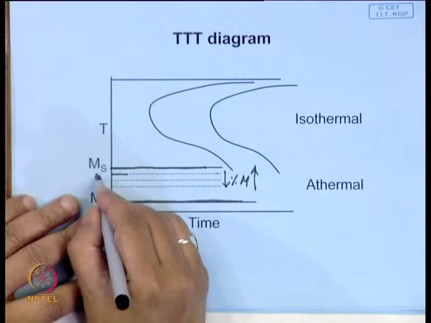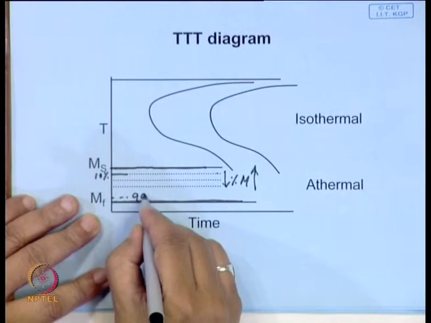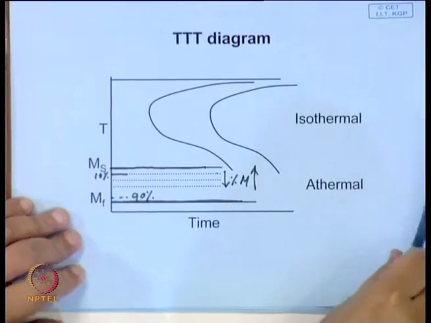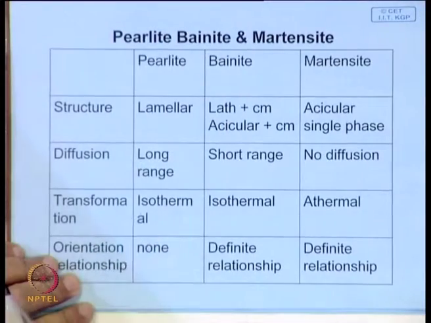So here it may be 10%, as you come here maybe 90%. So this is the character. Now, to sum up, a quick look at the comparison of the three: pearlite, bainite and martensite transformation, which are listed here.